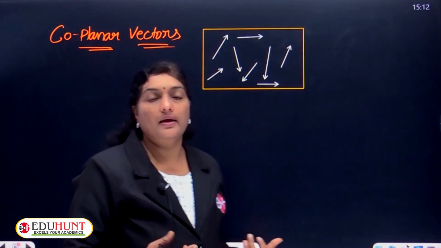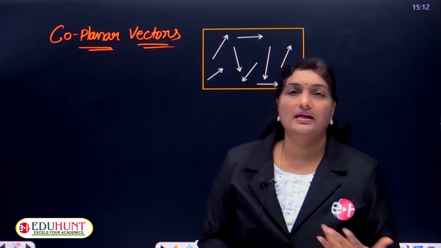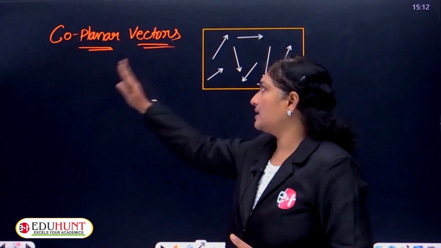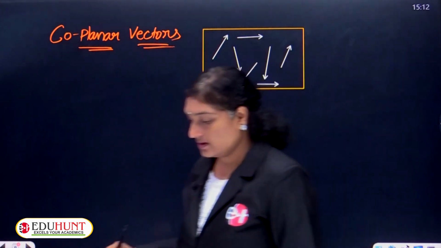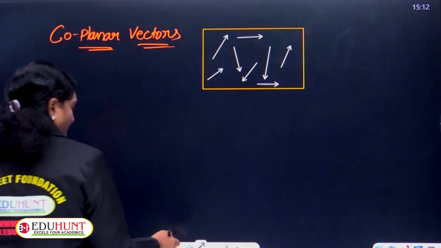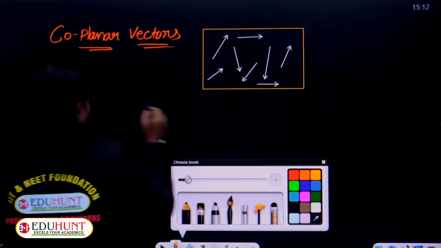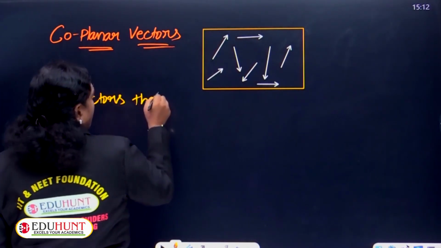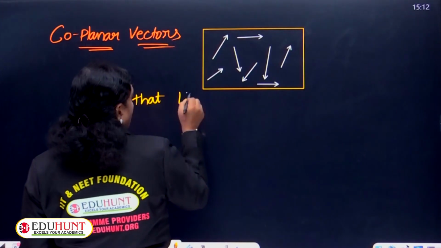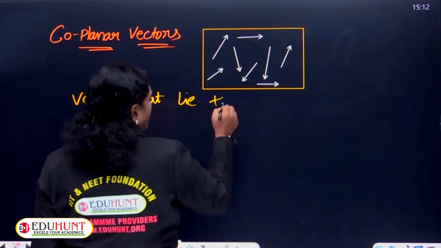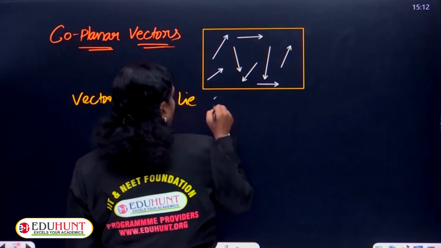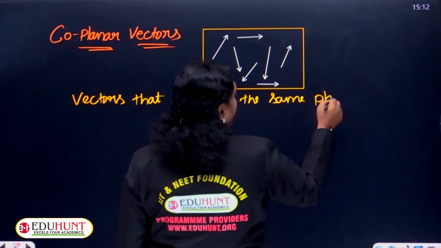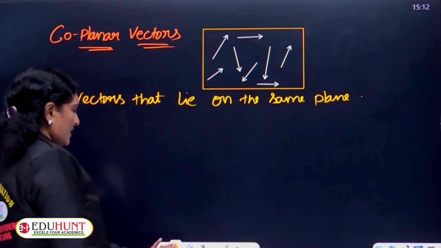So any number of vectors that belong to the same plane are called coplanar, where co means same plane, planar. Vectors that lie, meaning belonging to the same plane, are called coplanar vectors.